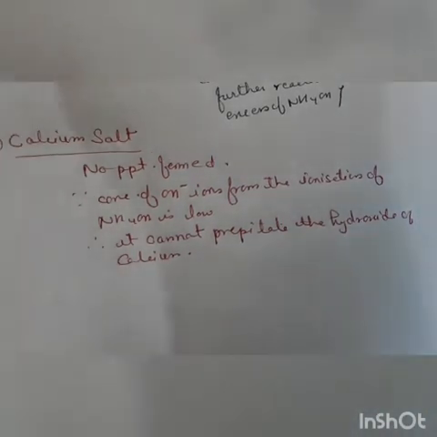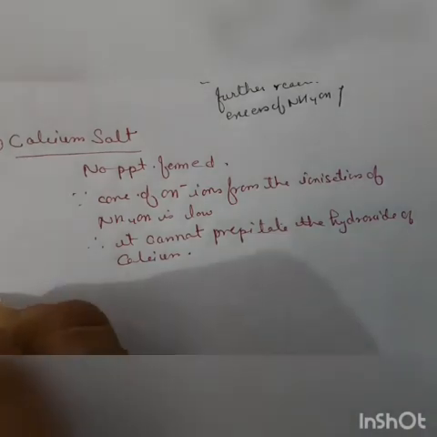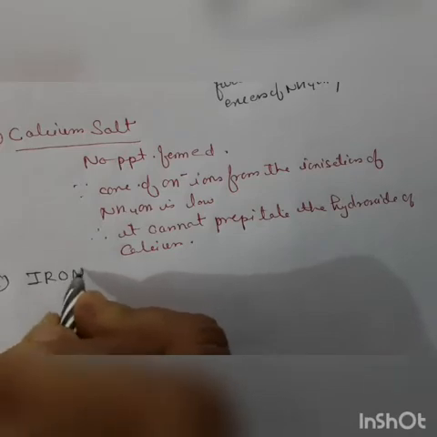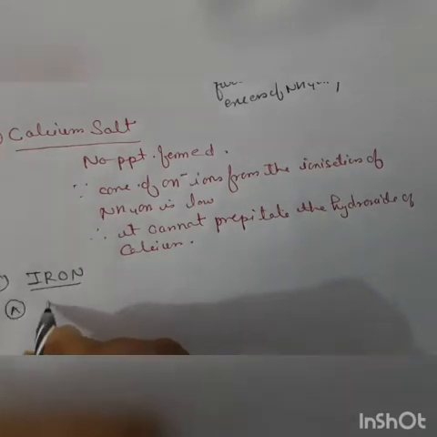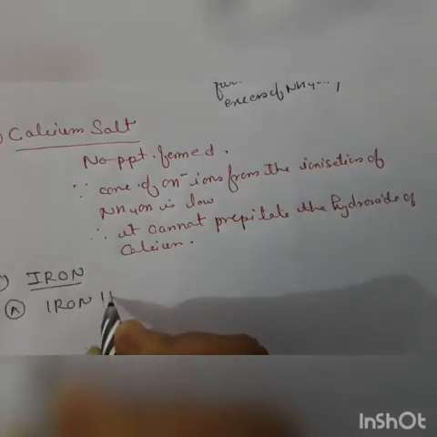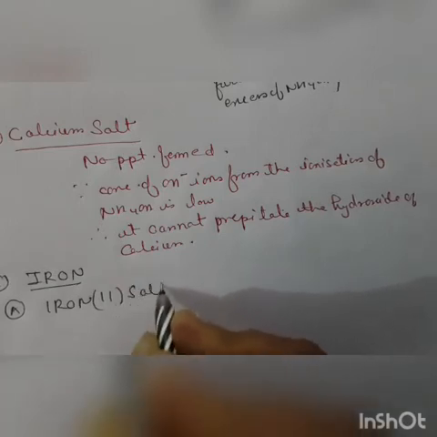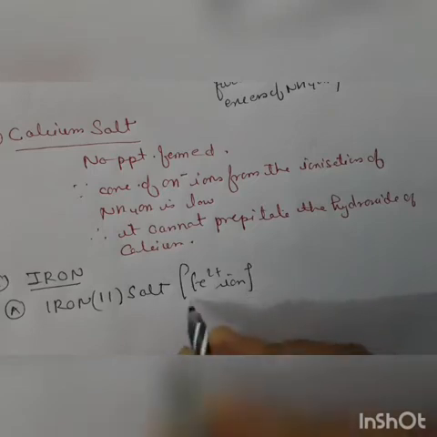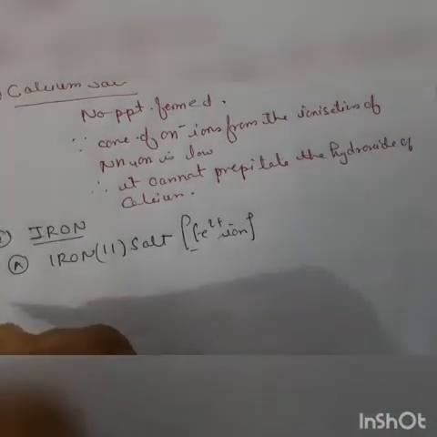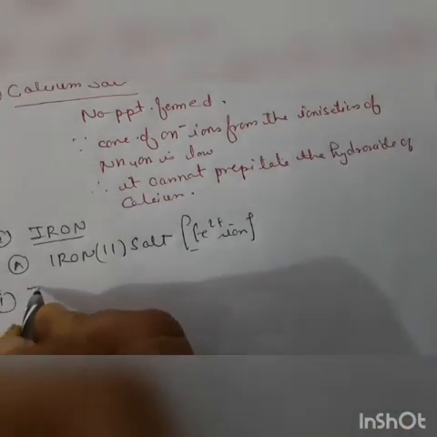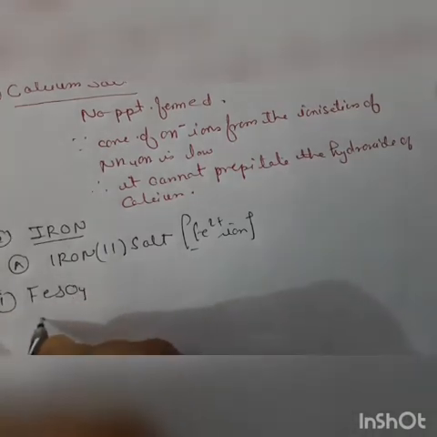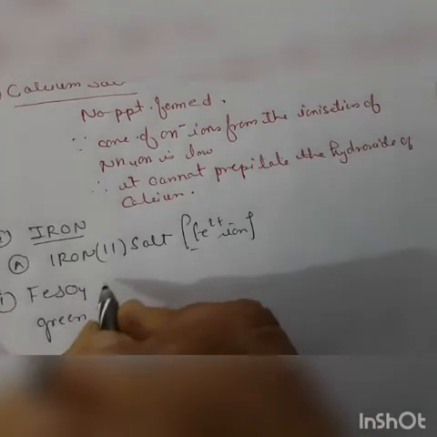Second, here we will take iron. First we will take iron second salt, ferrous ion. Now first we will take ferrous sulfate. It is green in color.